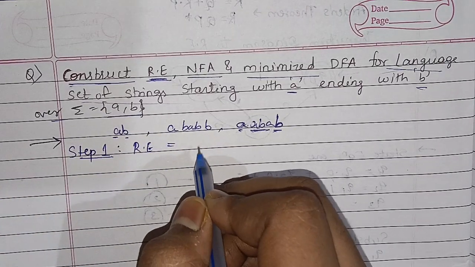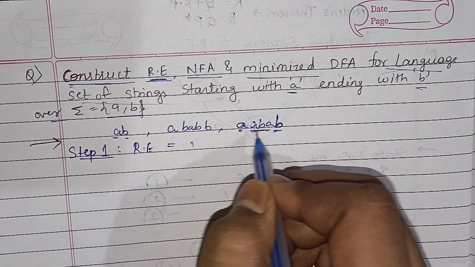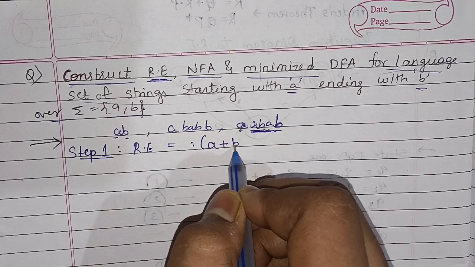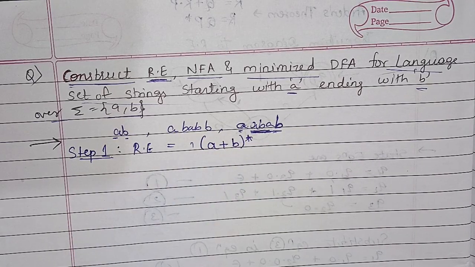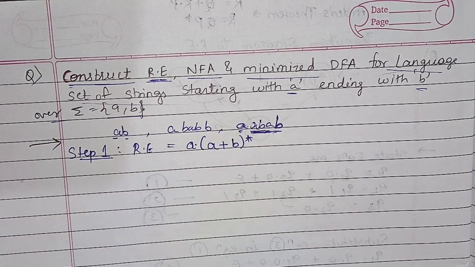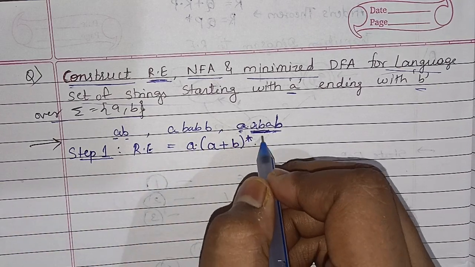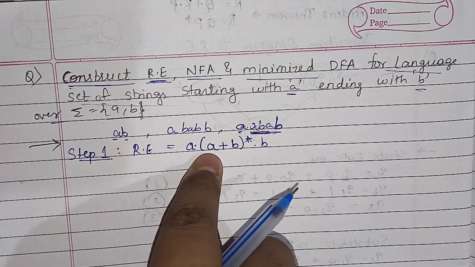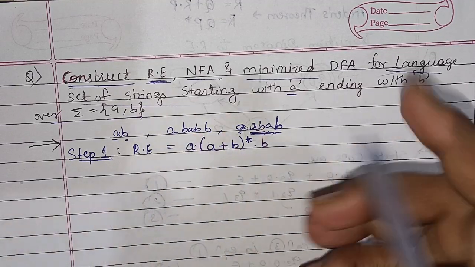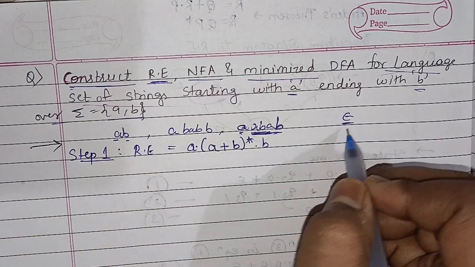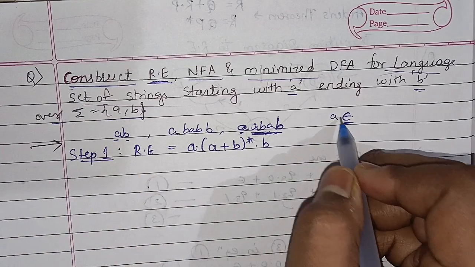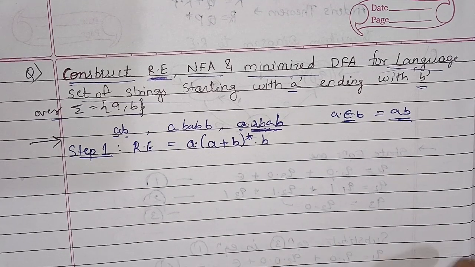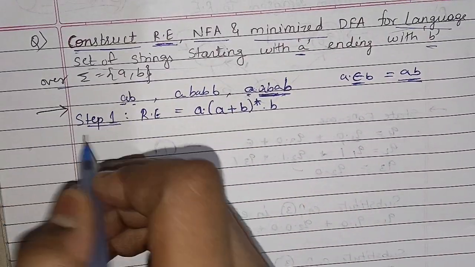In between it can contain any combination, so I will write (A+B) closure, concatenating A in the front and B at the end. It can give epsilon also, meaning null string, so with the null string it will give you AB. Okay, so this is our regular expression.